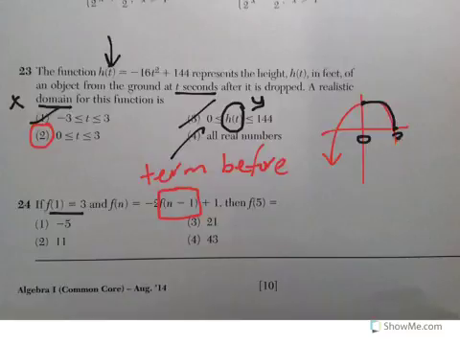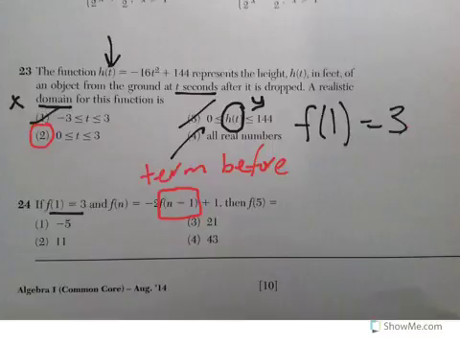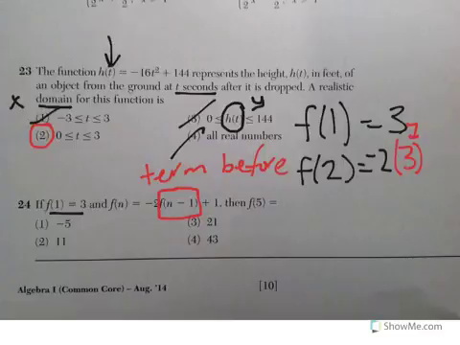So let me erase up here so I have plenty of room. We know f of 1, and that is 3. That's given to us. F of 2 is going to be -2 times 3, which is the term before, and then after that we're going to add 1. So f of 2 turns out to be -5.